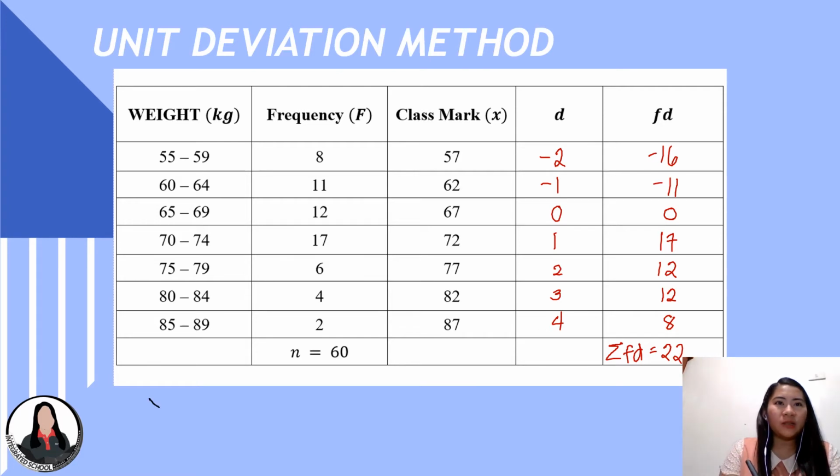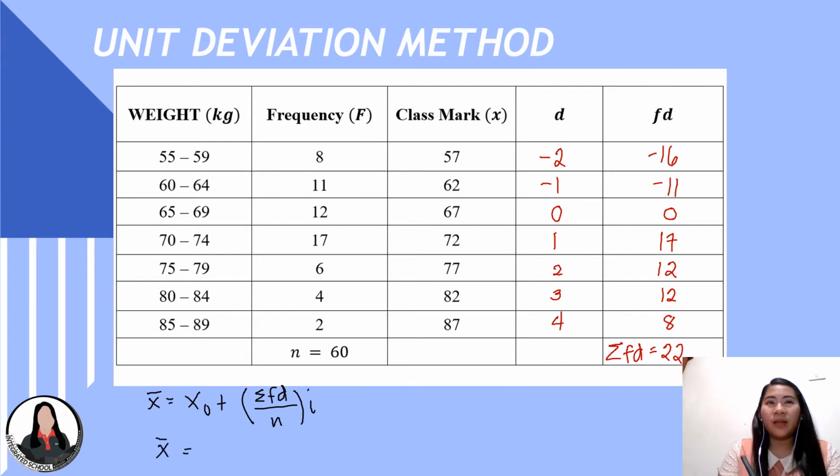I-solve na natin siya. So, we have x bar is equal to x sub 0 plus the quantity of the summation of fd all over n multiplied by i. Let us substitute the values. X sub 0 is the class mark ng inassume natin na interval kung saan papatak yung ating mean.